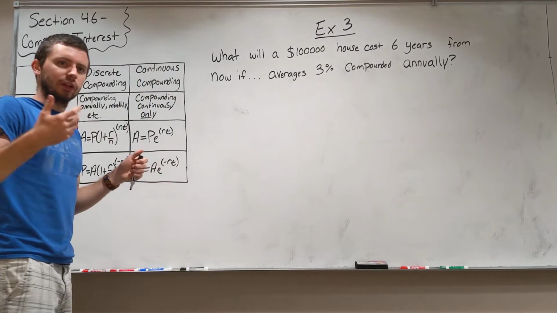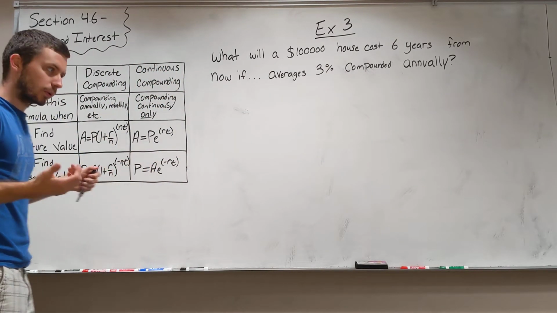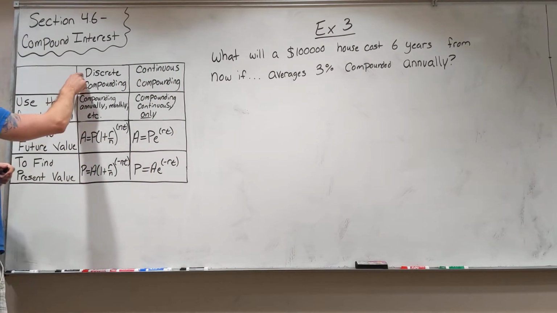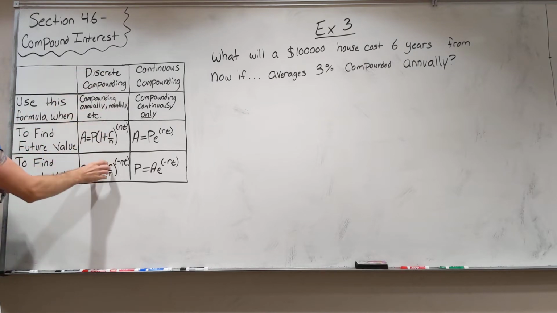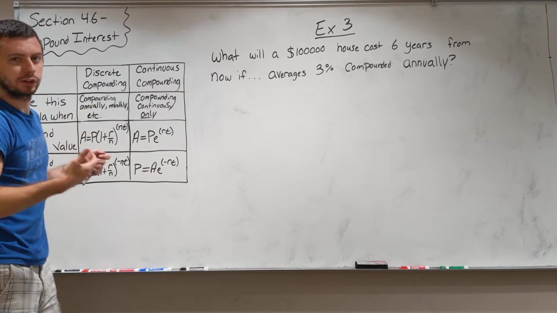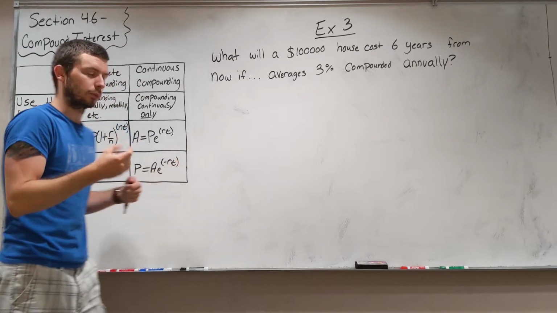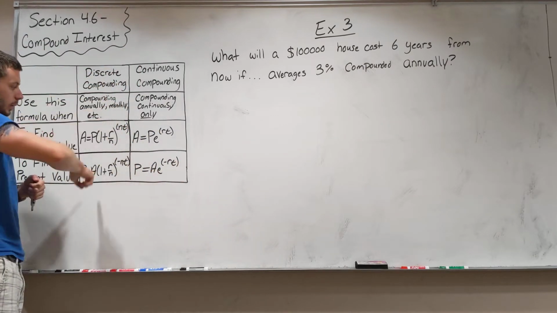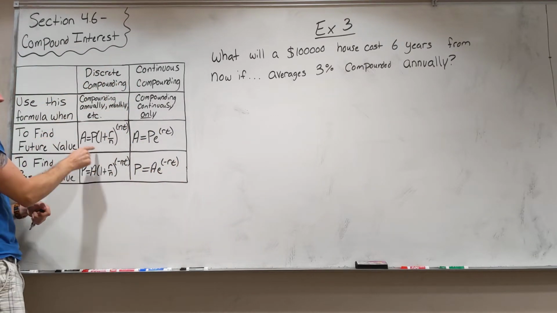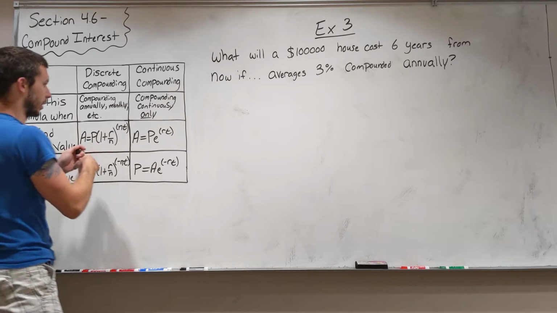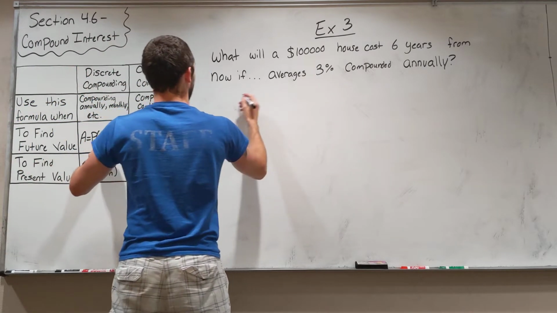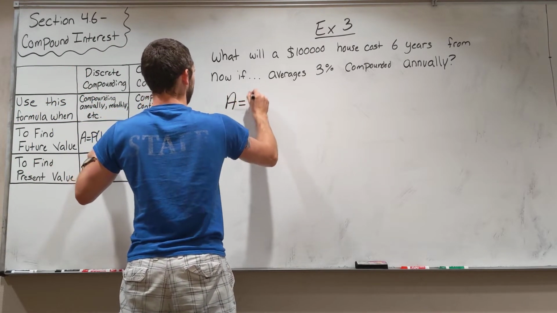So annual is a discrete compounding metric. So that tells us we would go down this column. Pretty much as long as it does not say continuous, we will use this column. And we already determined future value, so that leaves us at this formula right here. So I'll start by writing down the formula.